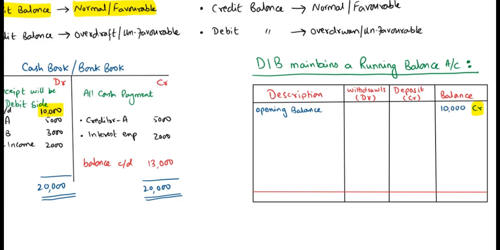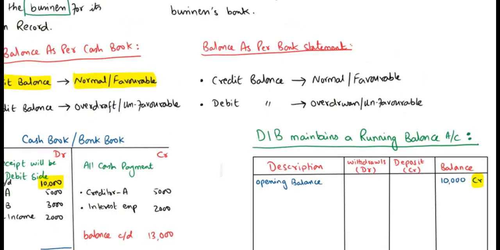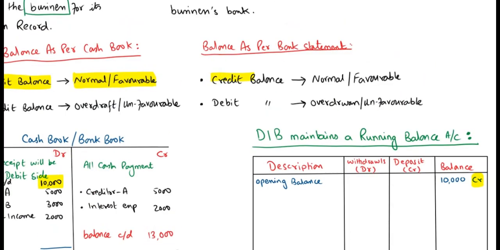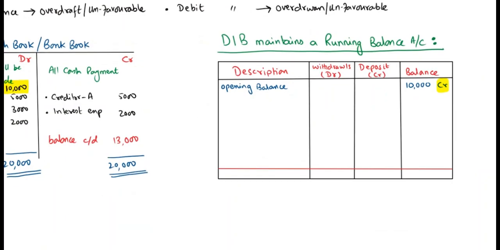In a bank account, credit balance is favorable. But the reason we credit in the bank statement is that the bank is different from the business.